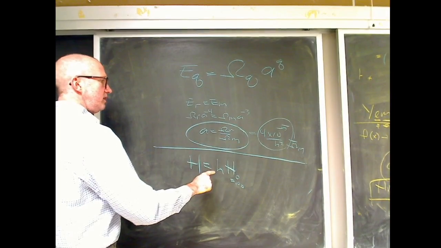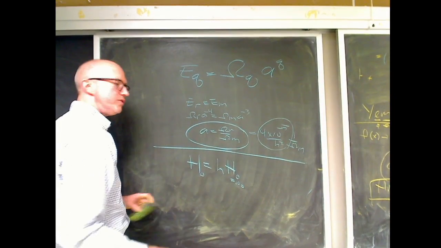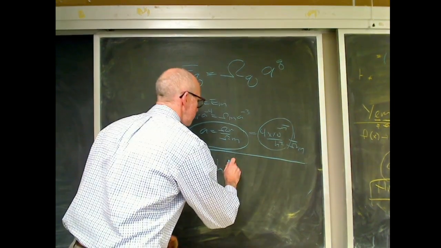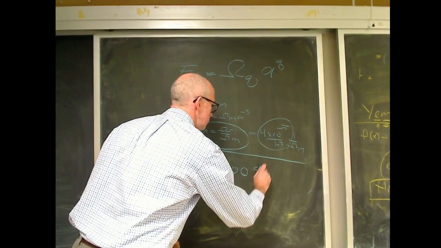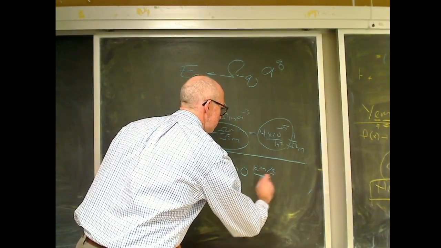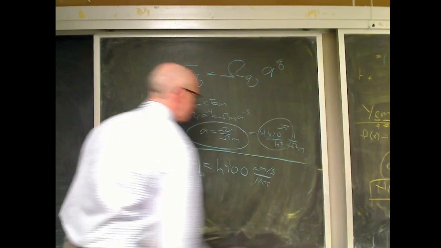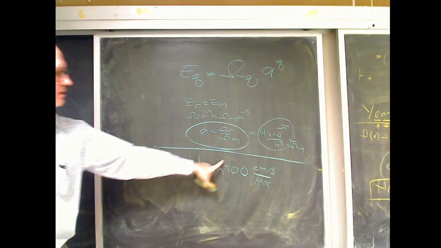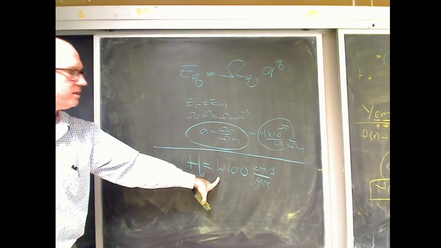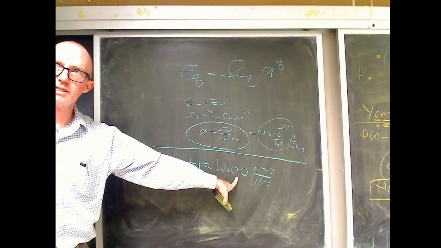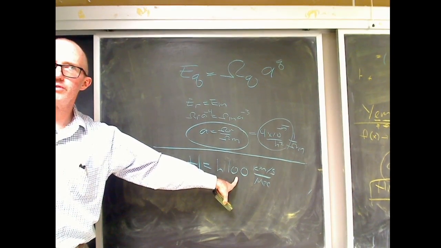So h naught is little h times 100. Actually, let's rewrite this. H naught is little h times 100 kilometers per second per megaparsec.